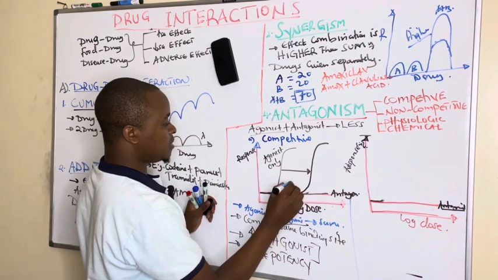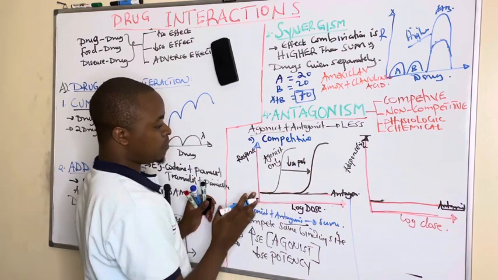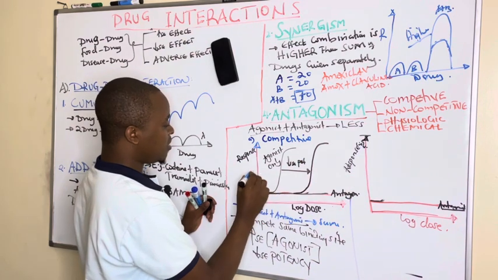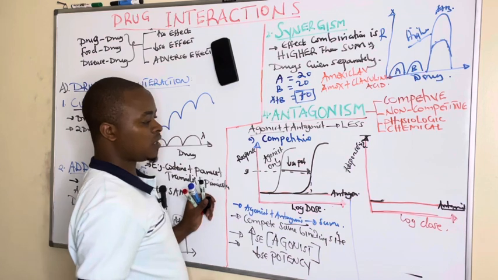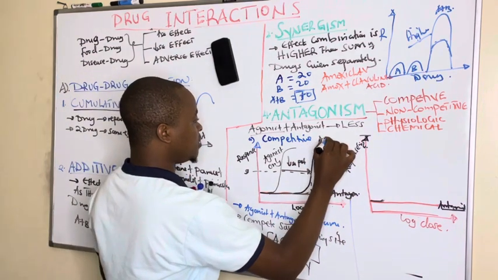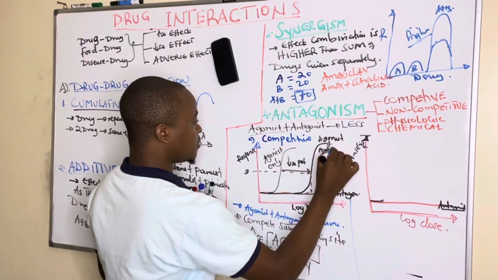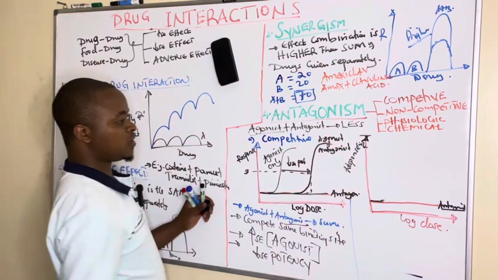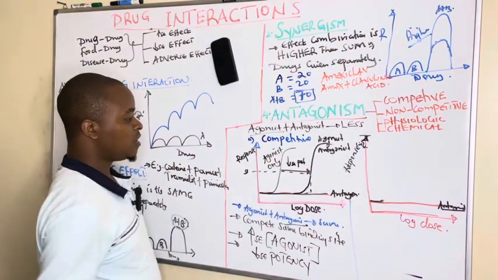Shifting to the right means we are decreasing potency, because the more the EC50 of the drug increases, if this is the 50%, the less potent the drug becomes.